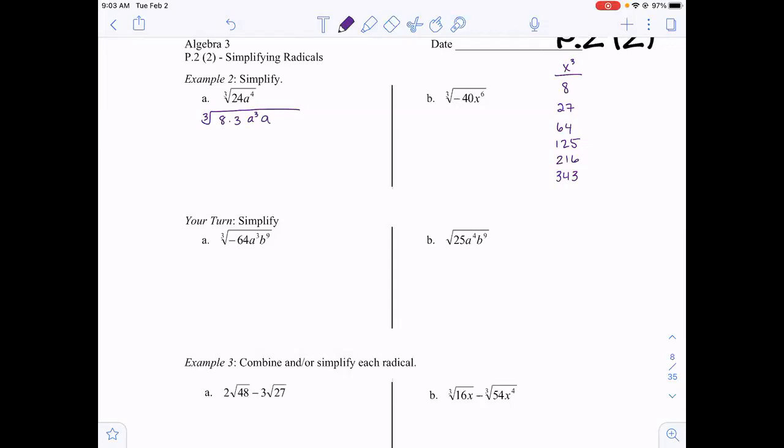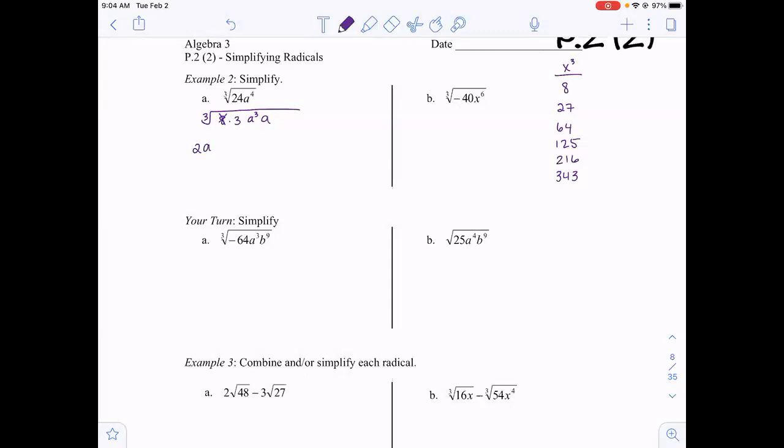And now we're going to take the cubed root of everything we're able to. The cubed root of 8 simplifies to 2, so that is outside my radical symbol. Cubed root of 3, can't do it, so that's going to stay there. Cubed root of a cubed, well, that just gives me a.